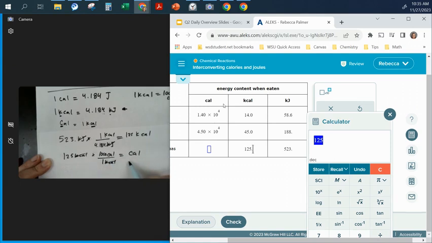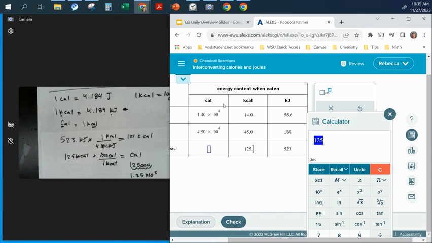So then we would end up with 125 with 3 zeros, or 1.25 times 10 to the, I think I counted 5, 1, 2, 3, 4, 5. And I need 3 significant digits. So 1.25 times 10 to the 5.